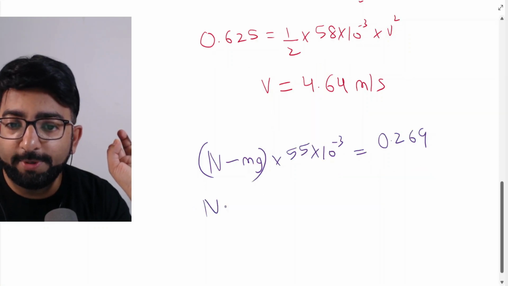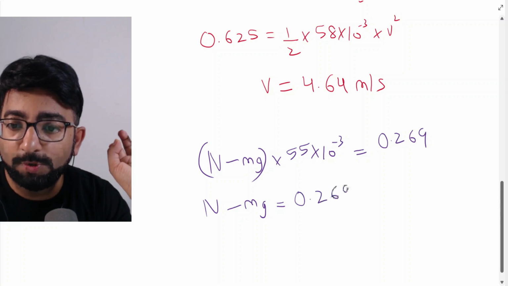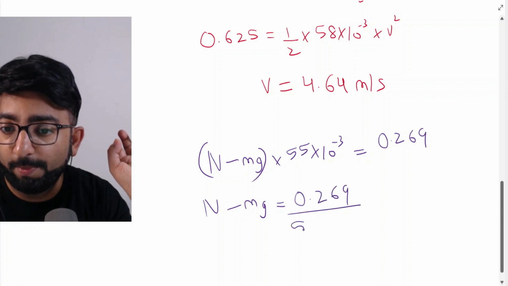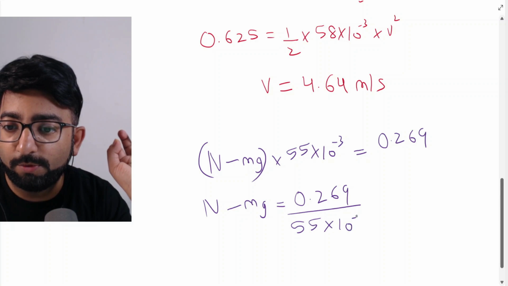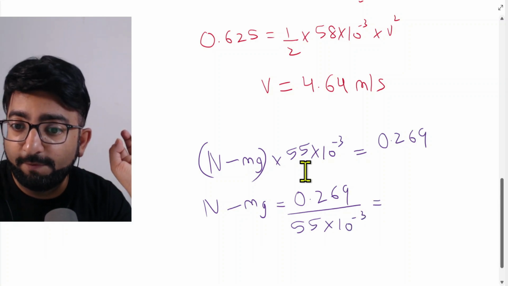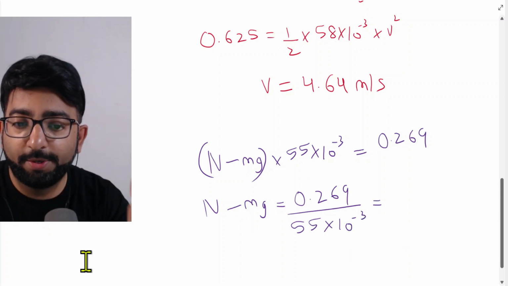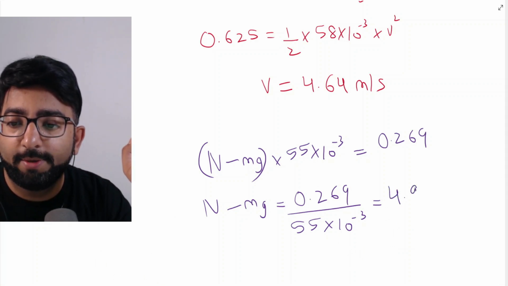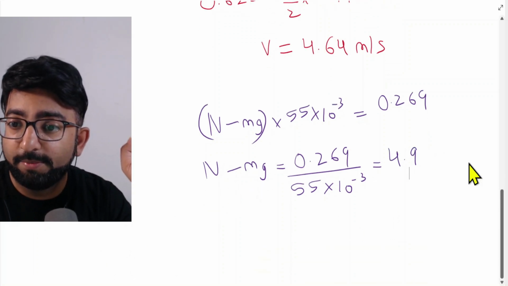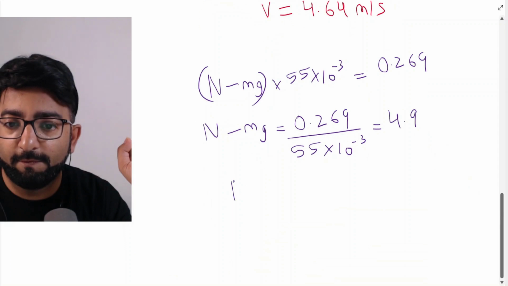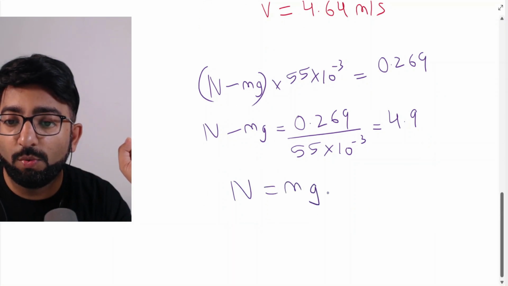And now let us cross multiply. N minus mg will become equal to 0.269 in the numerator, and in the denominator we have 55 into 10 to the power minus 3. So if we solve the right hand side of this equation, we will get 4.9. Hence, N minus mg is equal to 4.9, which we can write as N is equal to mg plus 4.9.